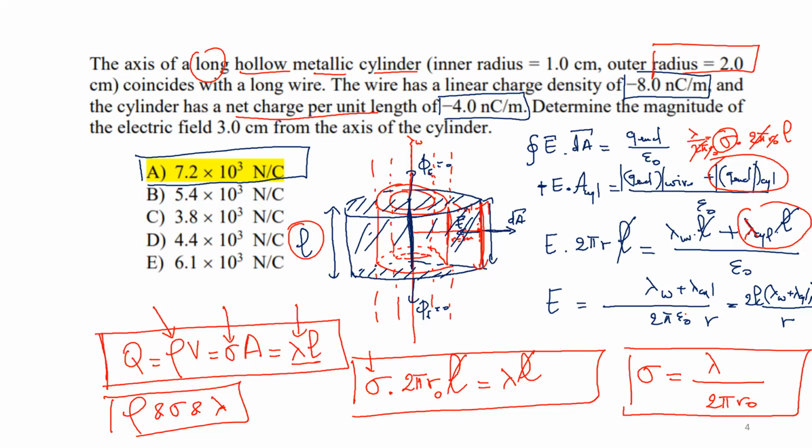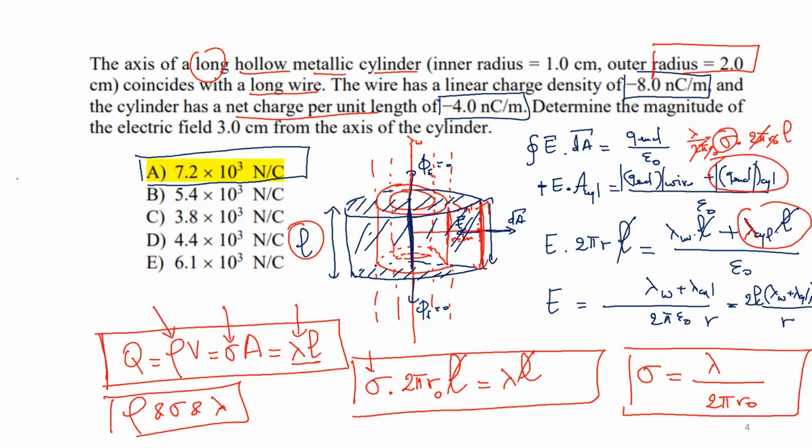Bottom line, this long hollow metallic cylinder can be considered as infinite, and it behaves like a rod, like a wire, a one-dimensional object.